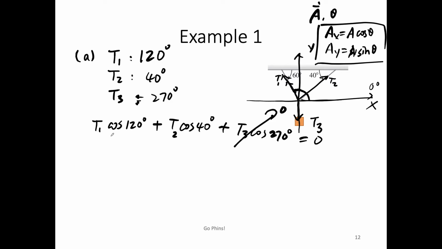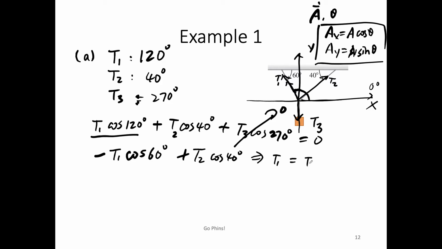And now this equation also tells us T1 cosine 60 degrees equals T2 cosine 40 degrees. Since cosine 40 degrees is greater than cosine 60, T1 is greater than T2.